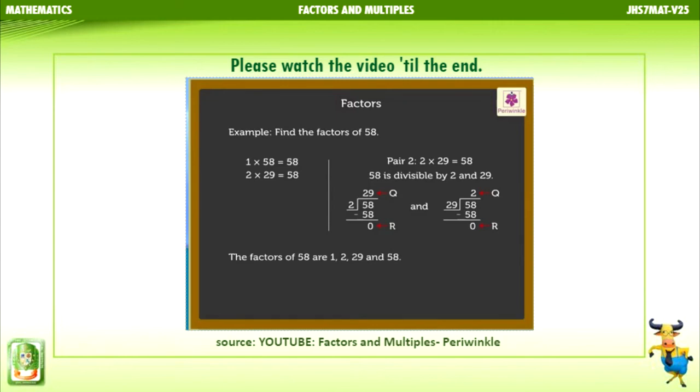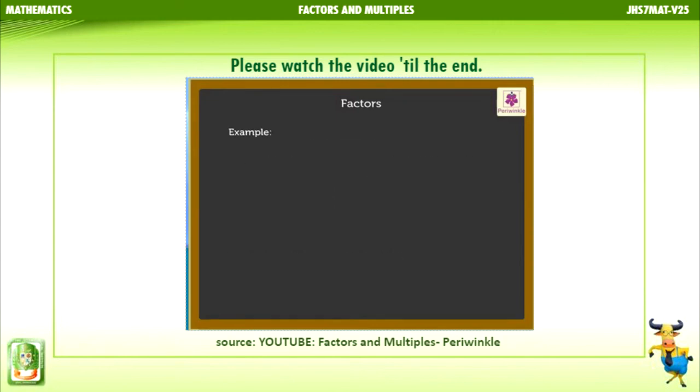Let us solve one more example. Find the factors of 81. The pairs of numbers which give the product 81 are 1 into 81 is equal to 81, 3 into 27 is equal to 81, 9 into 9 is equal to 81.